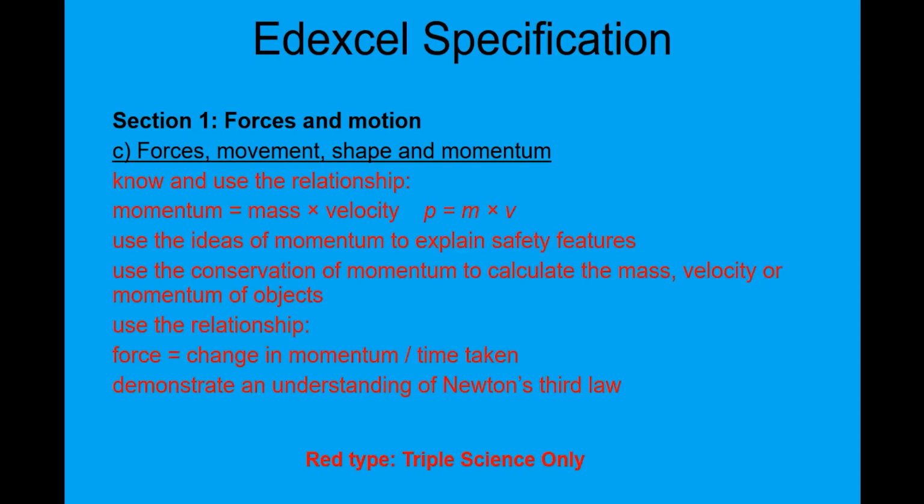Use the conservation of momentum to calculate the mass, velocity, or momentum. Use the relationship force equals change in momentum divided by time taken. Demonstrate and understand Newton's third law of motion.